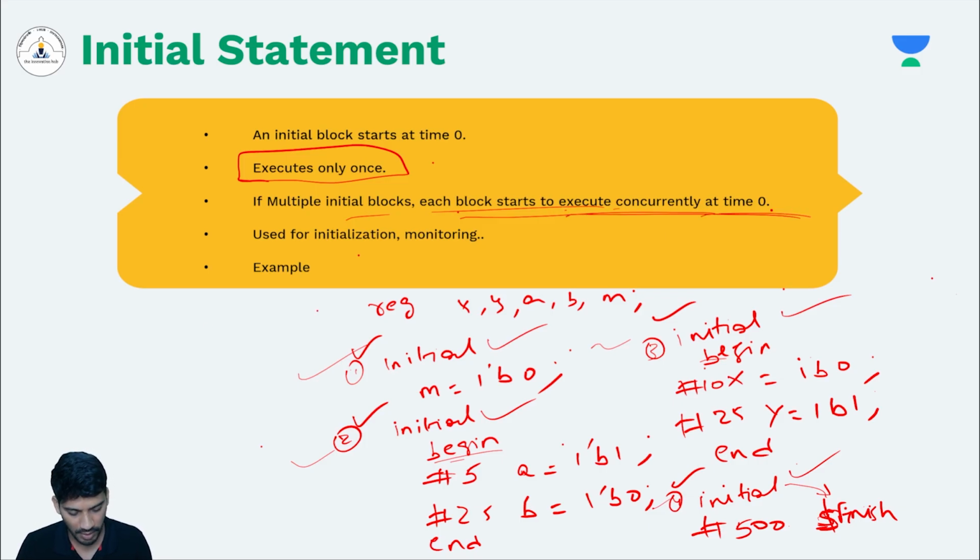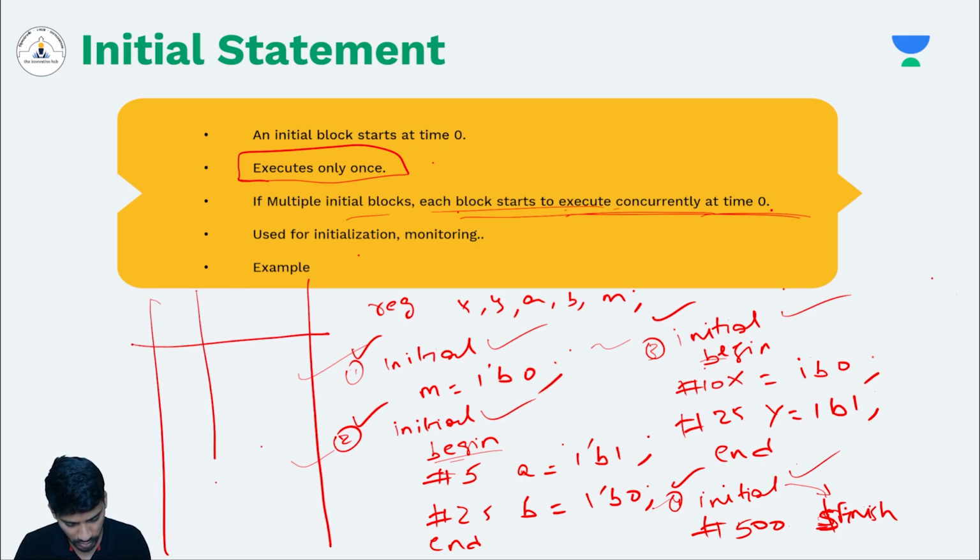So let's draw a time axis and we'll see which statement is executing at what particular time. So this is my time and this is the execution of statements. Okay. So at time equals 0, what happens?